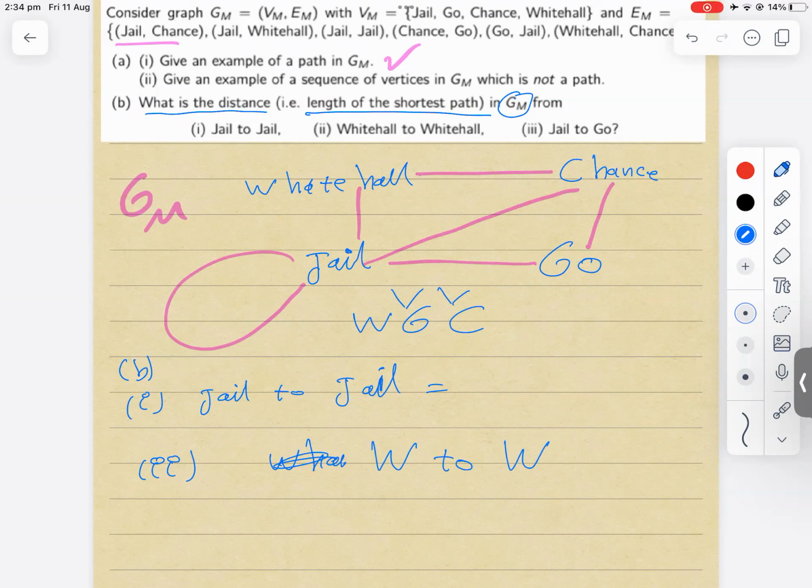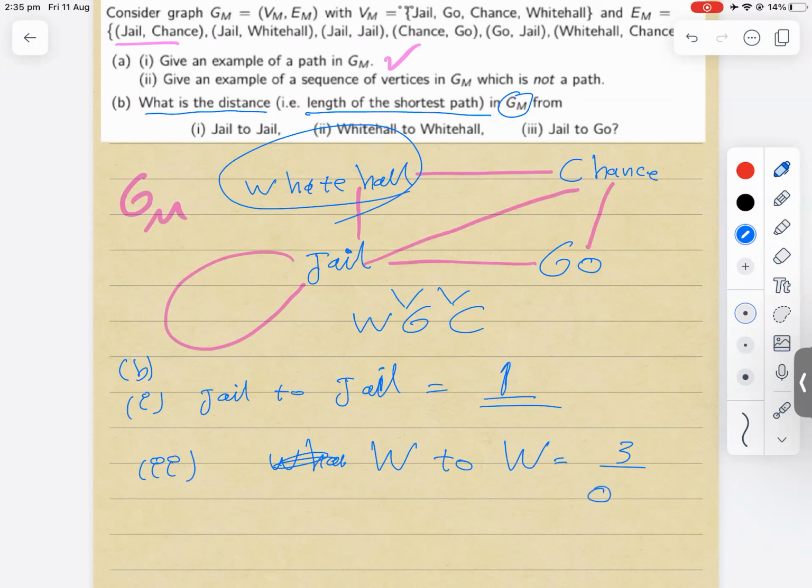1. Guys, please pay attention. Is this 1? Whitehall to Whitehall. Yeah, we can say it's 3, but essentially you can just stay and not move.